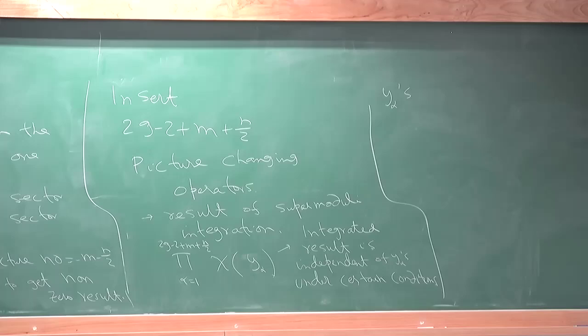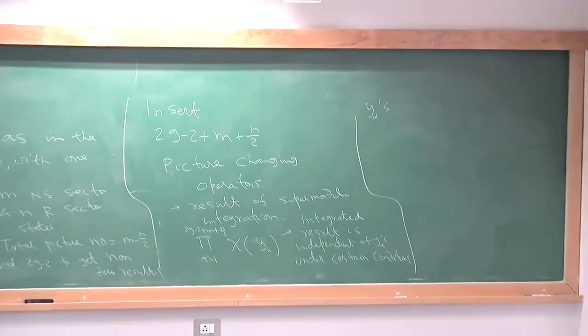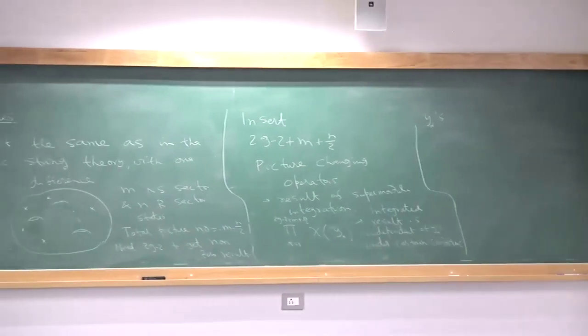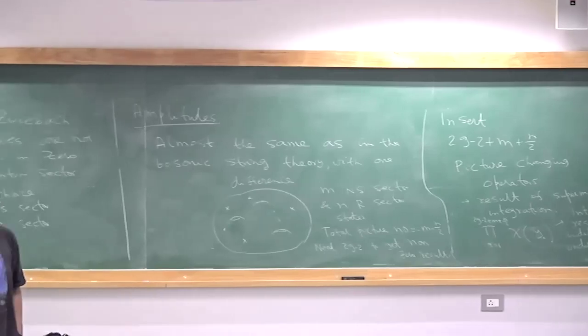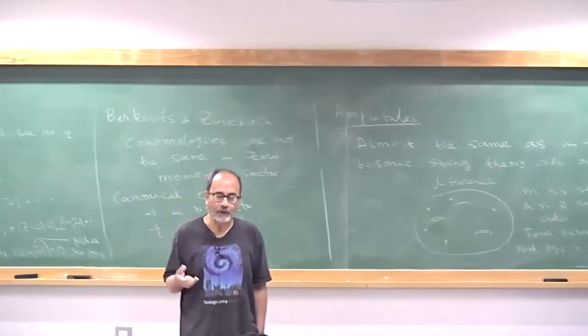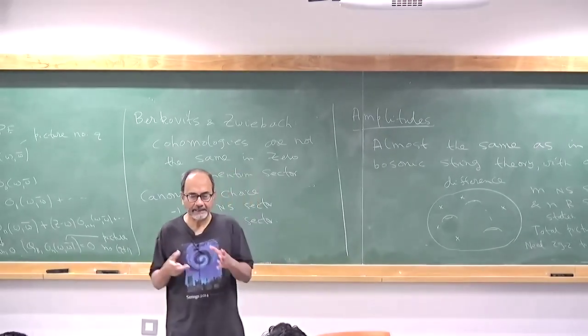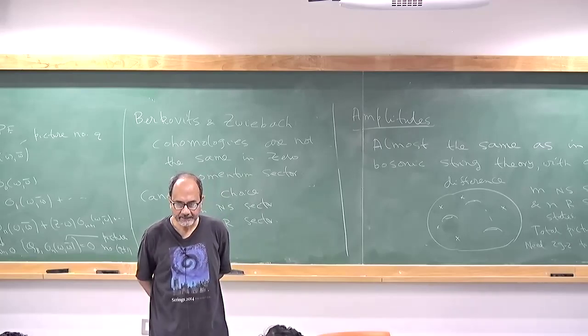This comes basically in the Ramond sector. On the disk, if you use a minus half picture, the total picture number is minus 1, and you need minus 2 on the disk. So you cannot go from minus 1 to minus 2 using picture changing operators; you need inverse picture changing. One way to resolve it is to use minus 3 of the minus half picture. That has total picture number minus 2, and you can do this.